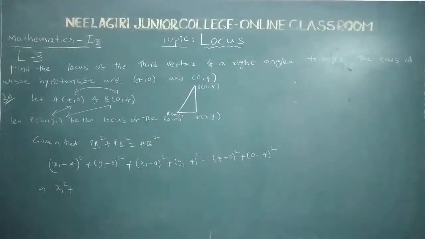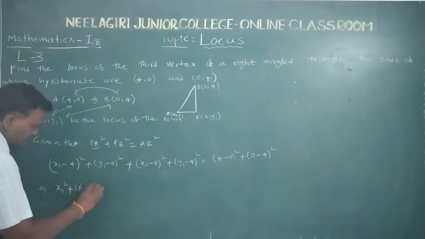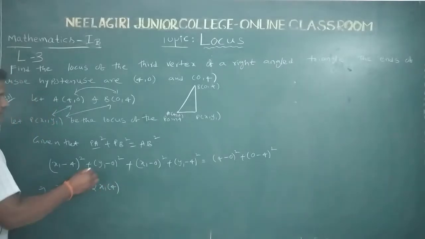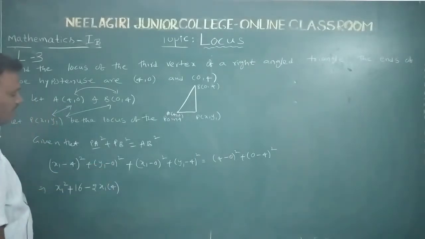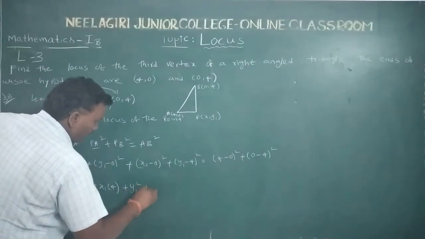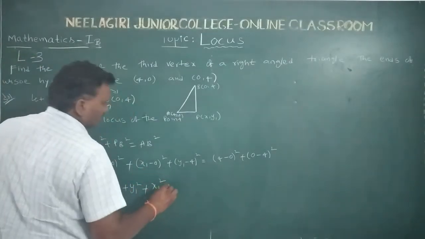A square is x1 square, plus b square, b is equal to 4, 4 square is 16, minus 2ab. For the y terms, (y1 minus 0) whole square is y1 square, and (x1 minus 0) whole square is x1 square.